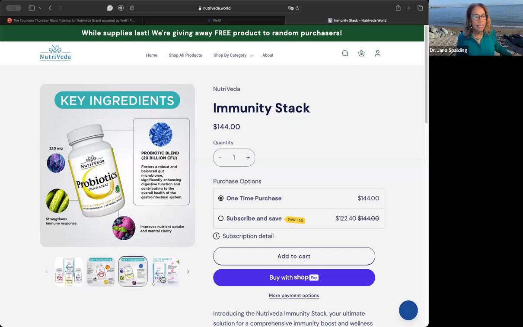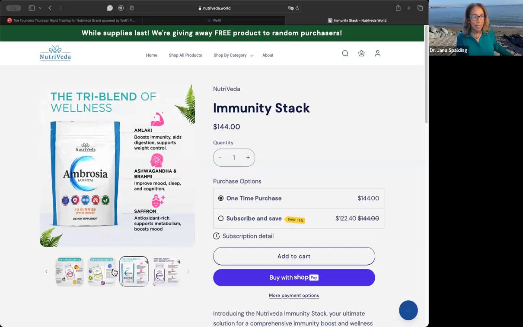So Defense, probiotics, and then Ambrosia. There are 53 different ingredients; we don't have time. They mention here amlaki, ashwagandha, brahmi, and saffron. They all boost immunity. They all support metabolism.